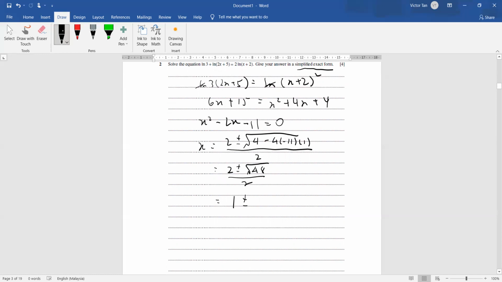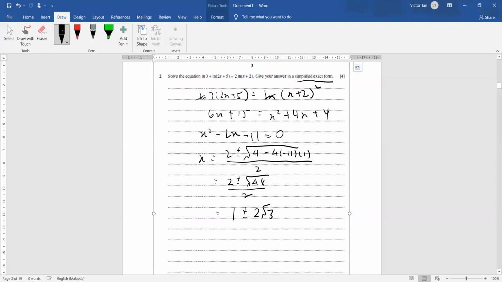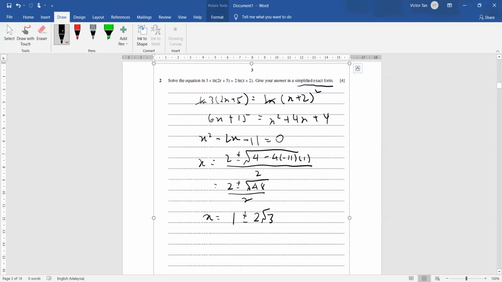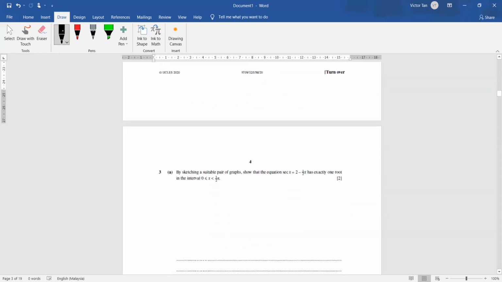One plus minus root of 48, which is 4 root 3, so it becomes 2 root 3. Now, because this is a logarithmic equation, the ln must be of a positive value. So if you take x as 1 minus 2 root 3, then the equation is not valid. And also there's a clue here, answer only, not answers. So the solution is just x equals 1 plus 2 root 3, which is in the exact form.